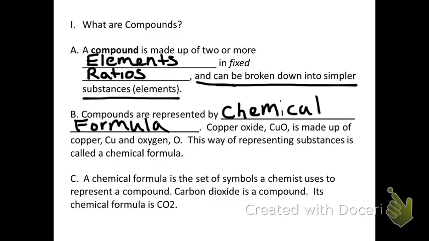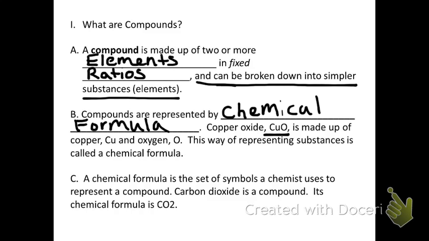For example, copper oxide is a chemical formula. It tells us that copper oxide is made up of one copper element and one oxygen element. And therefore, it also tells us not only the elements that are involved in the compound, but also the fixed ratio.